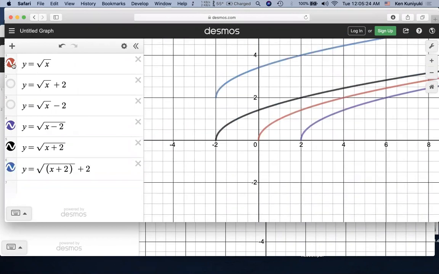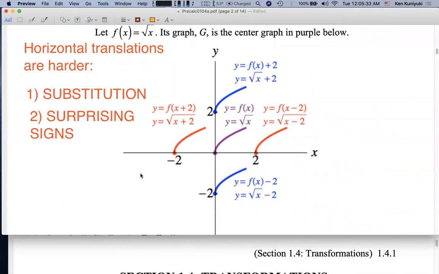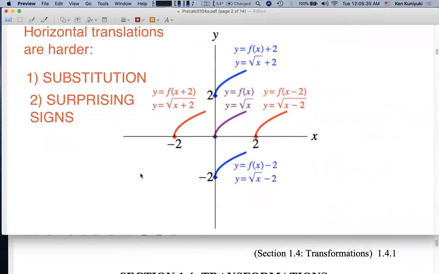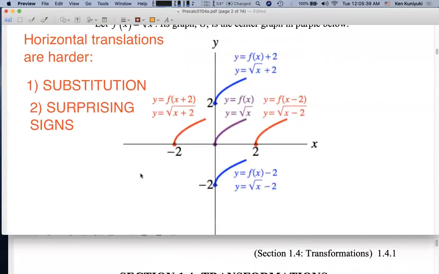That takes the red graph and shifts it northwest, left and up. So that's how we do translations. Next, we're going to talk about issues of domain and range and graphs in general.